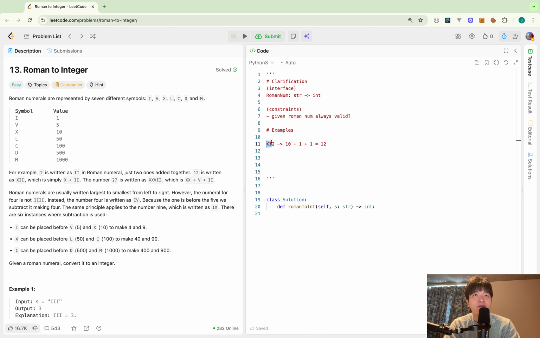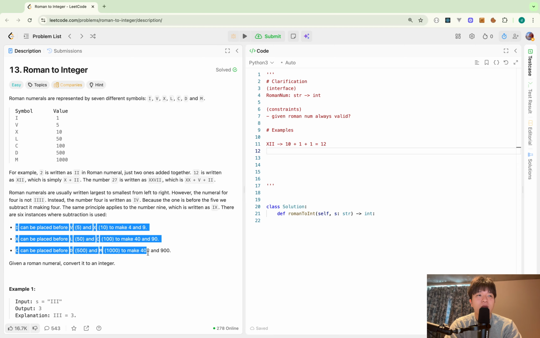Then X maps to 10, I maps to 1, and I get the sum of them. Basically, this should work except for these cases: I before V and X, X before L and C, C before D and M.